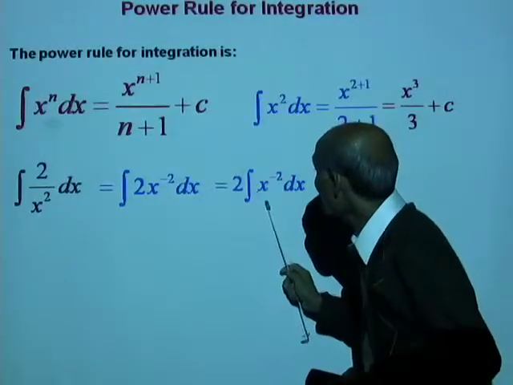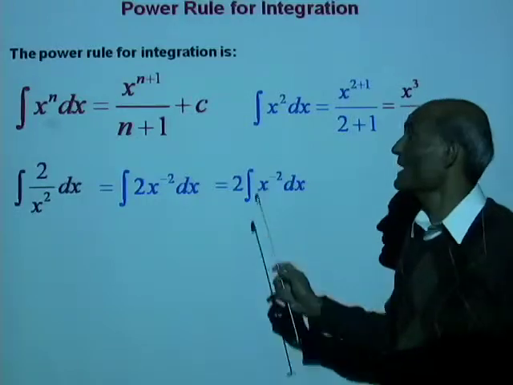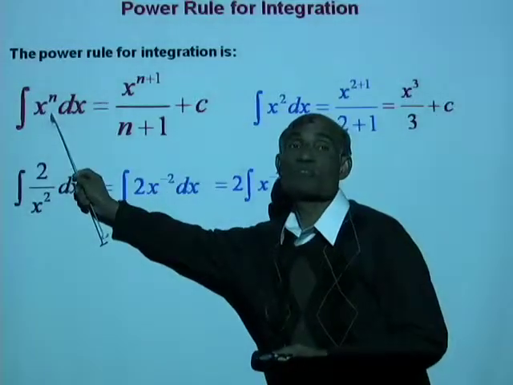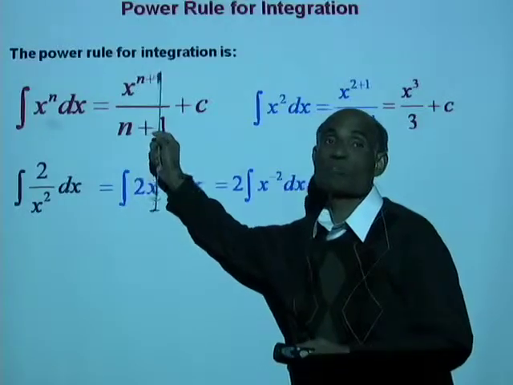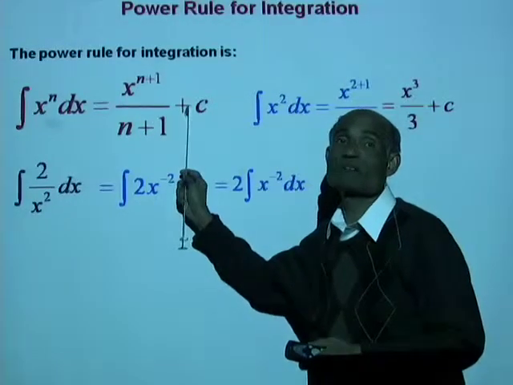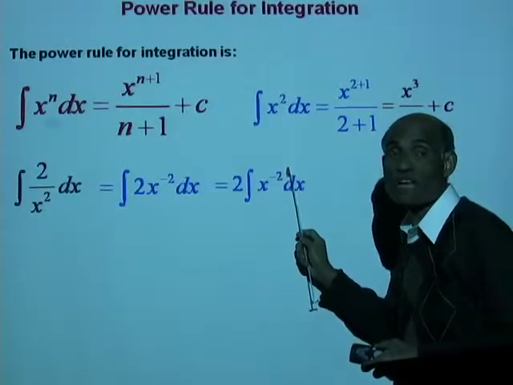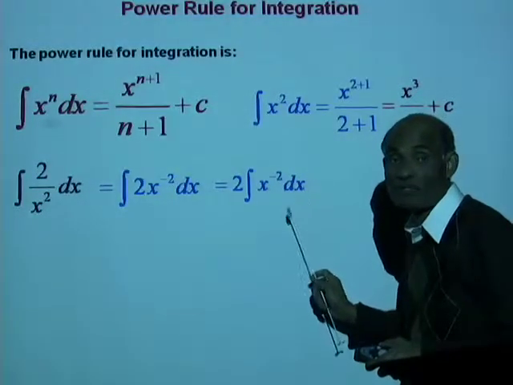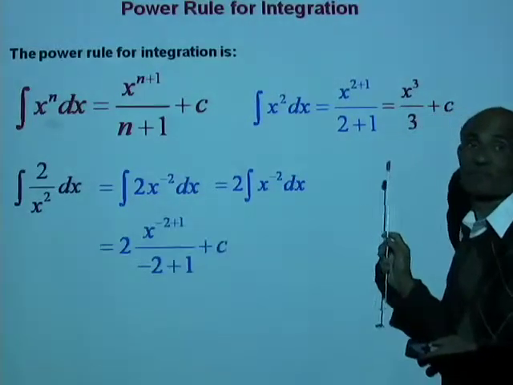Now, use the power rule to integrate x to the power of negative 2 dx. Integral x to the power of n dx is x to the power of n plus 1 over n plus 1 plus c. So this will be x to the power of negative 2 plus 1 divided by negative 2 plus 1, plus c. There you go.